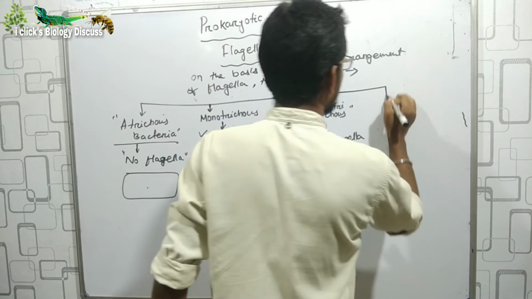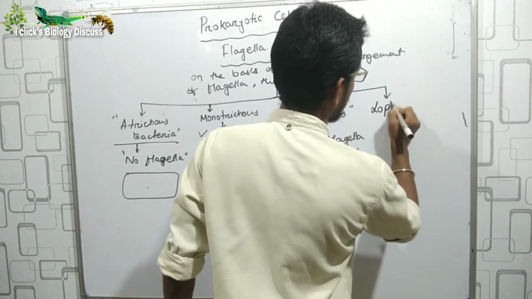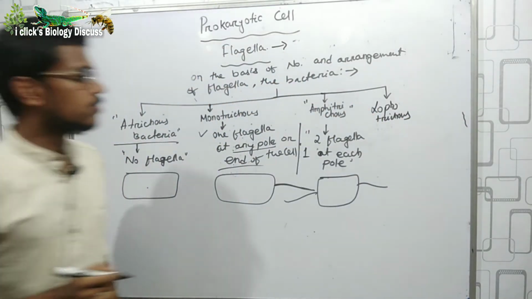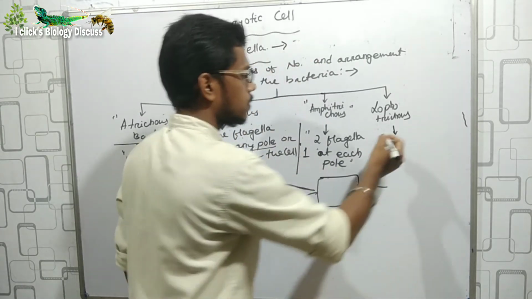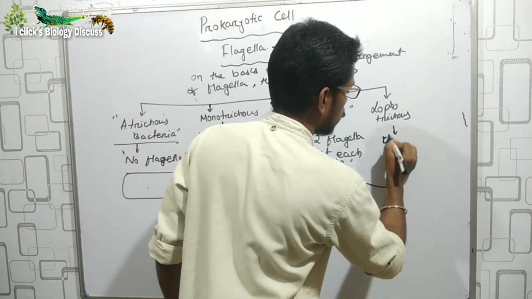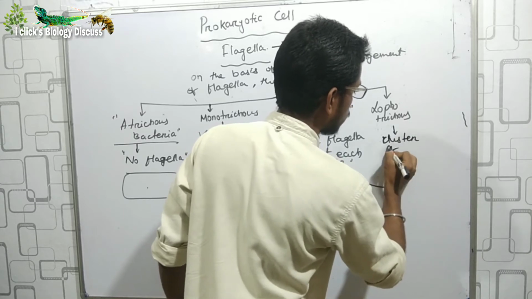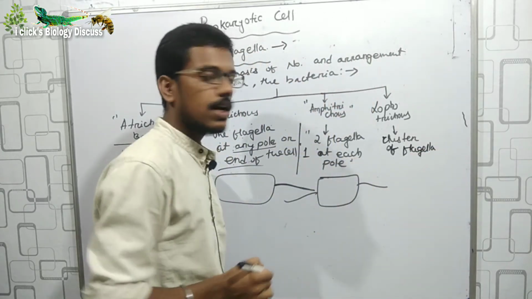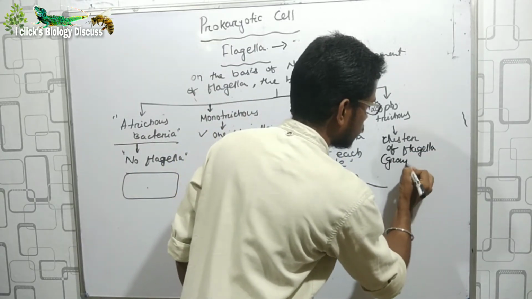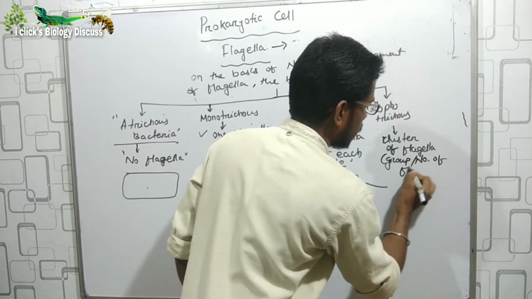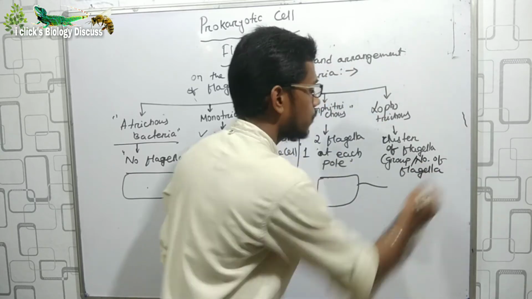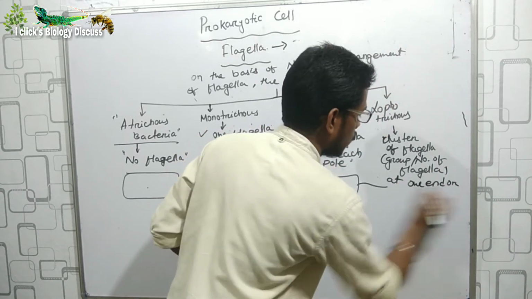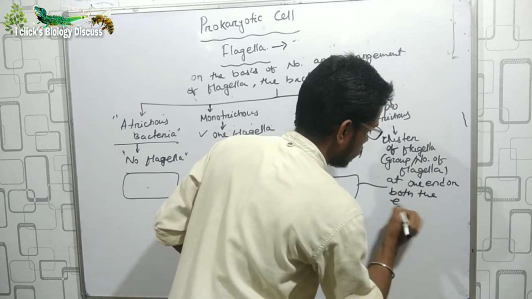Then another type is lophotrichous. Lophotrichous means there will be the presence of a cluster or group of flagella at one end or both ends.